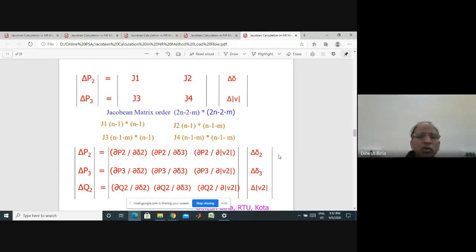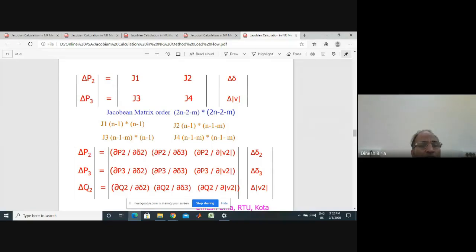See, you have got three buses. Bus number 1 is the slack bus, bus number 2 is the PQ bus, and bus number 3 is the PV bus. For a PQ bus, what are the known parameters?